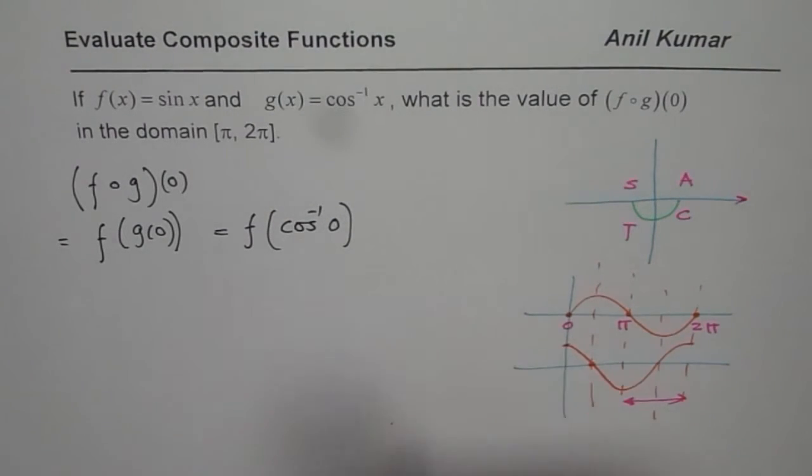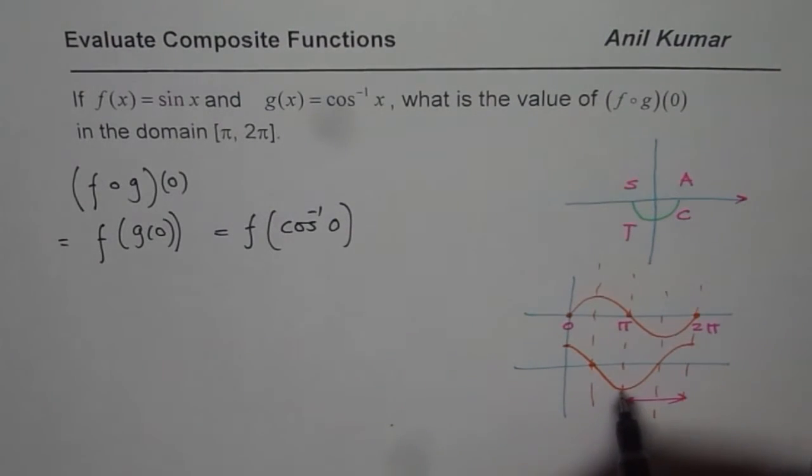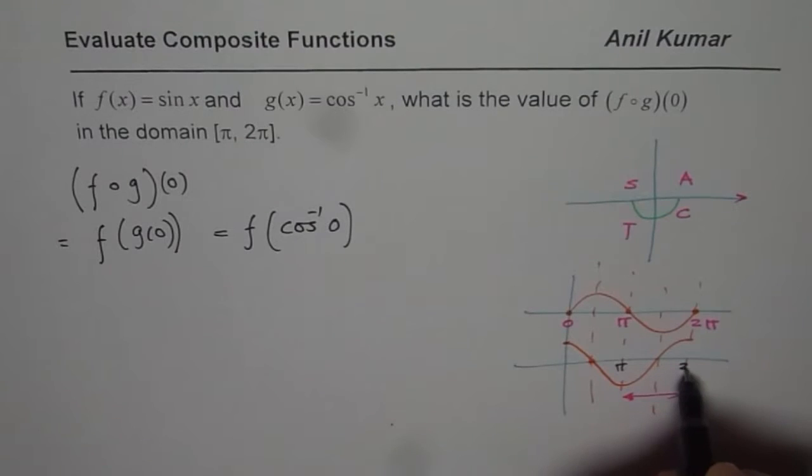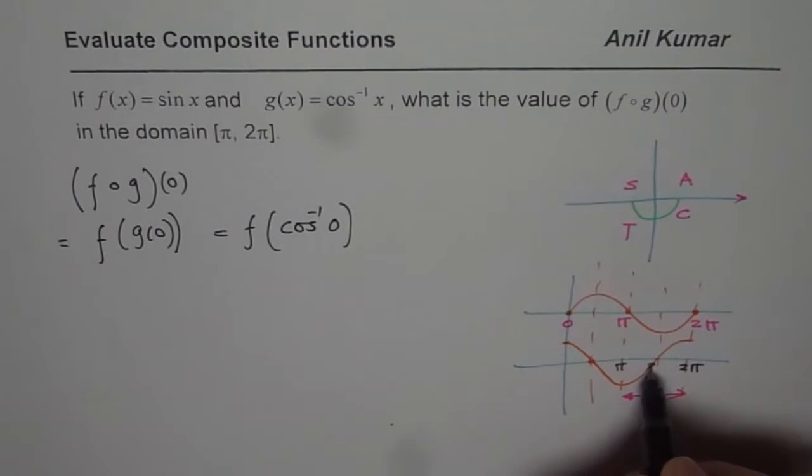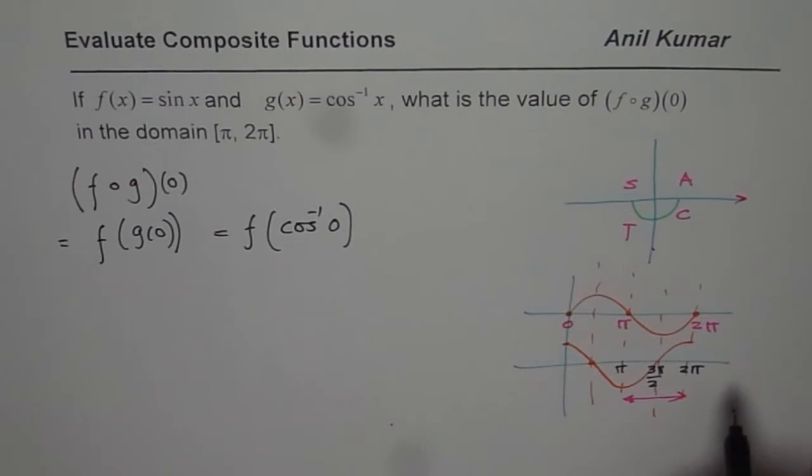Cos inverse of 0 means, for what value is cosine 0 when you are in this domain from pi to 2 pi? So this is pi by 2, 2 pi by 2, 3 pi by 2. That is the value, 3 pi by 2.